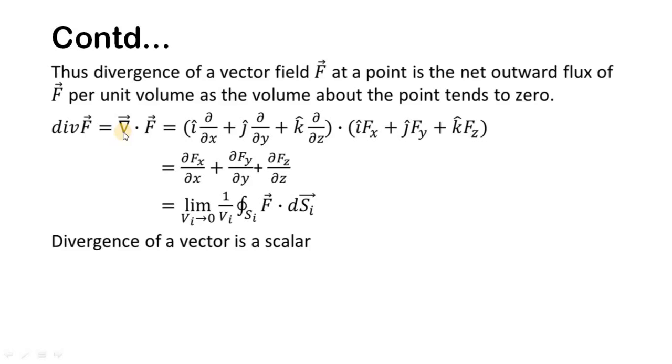Now, if we do the dot product of grad with F, then we get this function. So, by observing this, it can be concluded that divergence of a vector is a scalar. Now, this is a vector, this is also a vector, but the dot product of two vectors becomes a scalar.